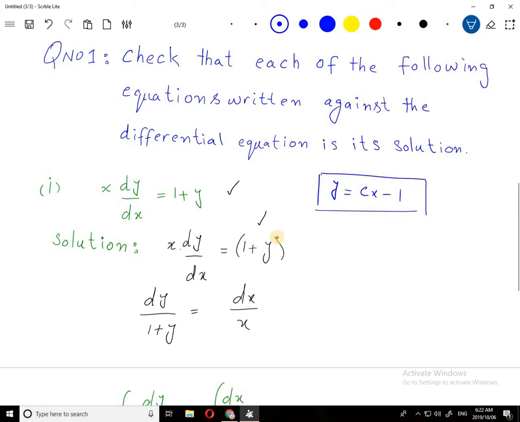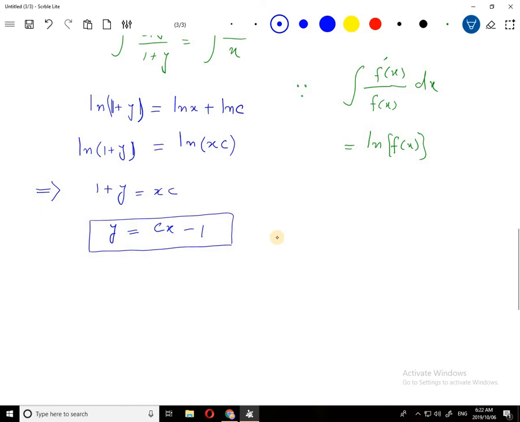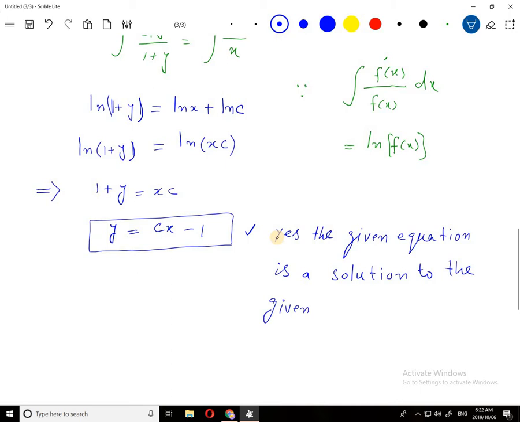So the question was, check that each of the following equations written against the differential equation is its solution. So exactly the same equation has been generated here, so I can say that yes, the given equation is the solution to the given differential equation.